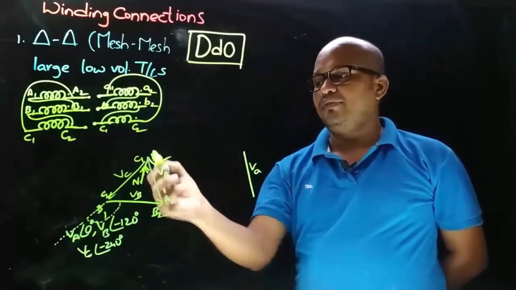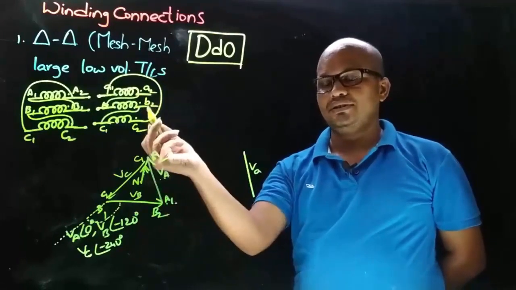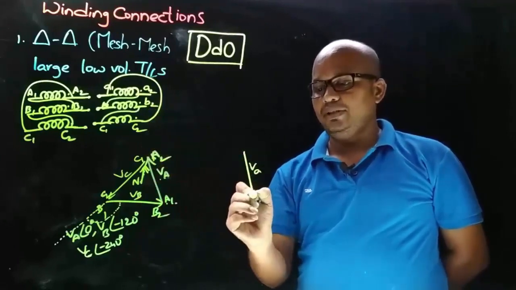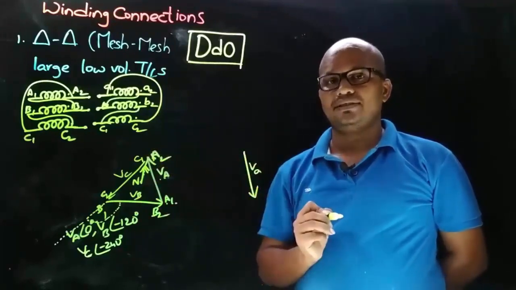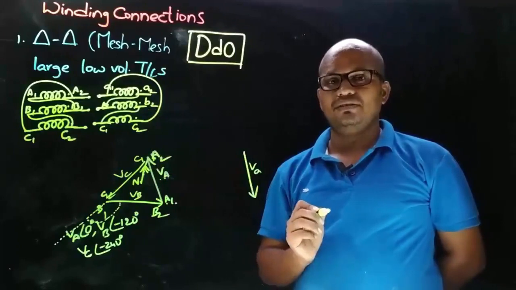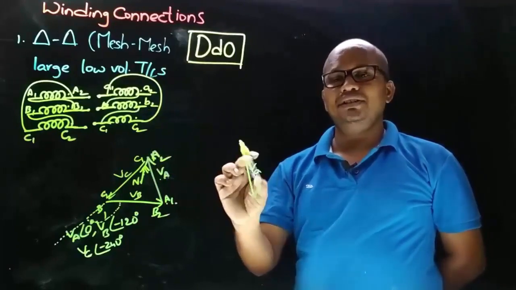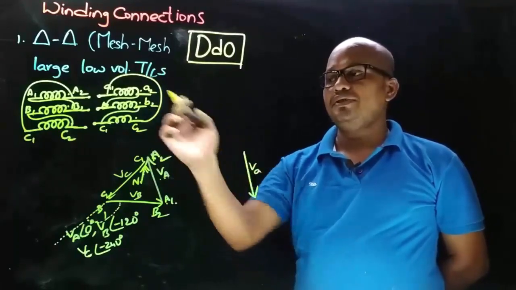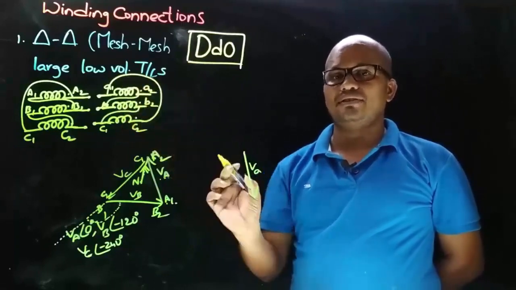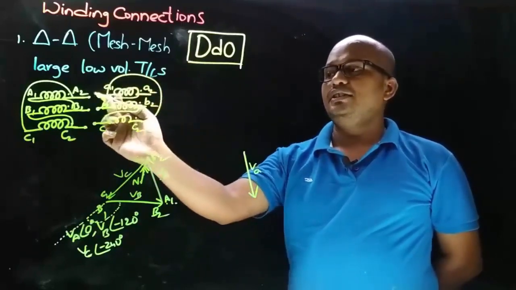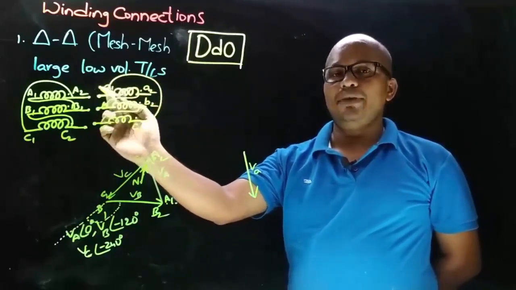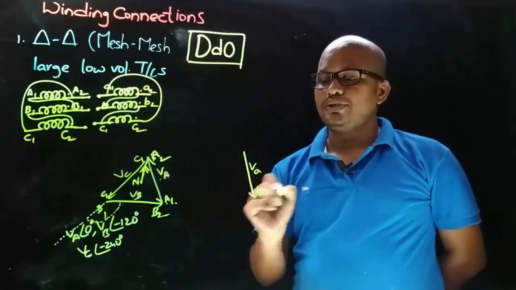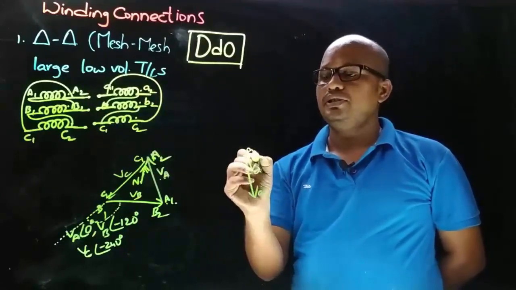So as primary phasor points like this, so secondary side phasor will be pointing in this direction. Okay, now we need to decide the terminals of secondary VA phasor. So as the connection we took from A1, so arrow will point towards A1, so this is A2.